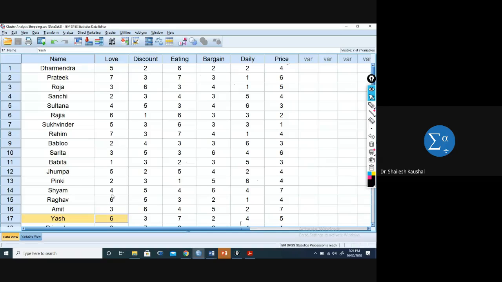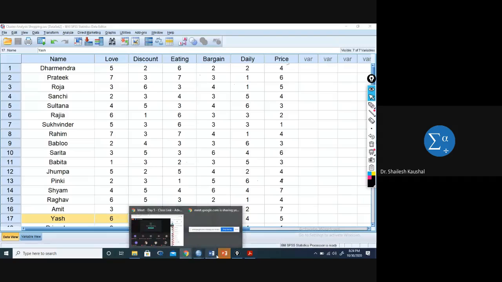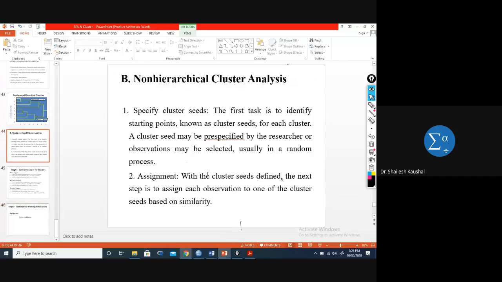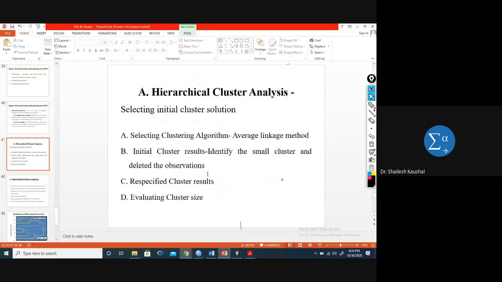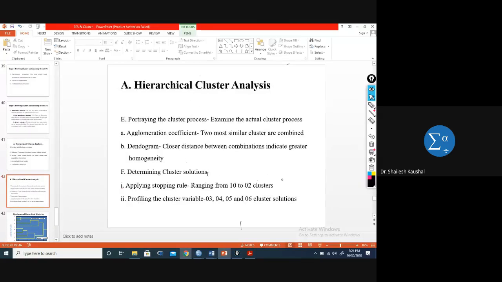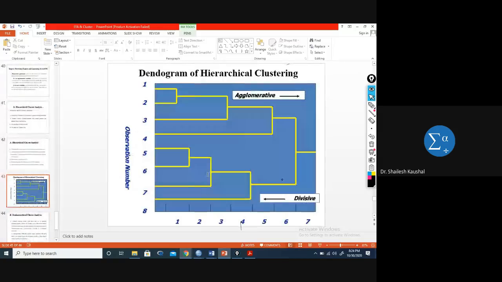So we club all the 3 or 4 because these buyers are the same type of buyers. Now this is hierarchical cluster analysis. Here we are clubbing number 1 and number 2, and then if respondent number 3 is similar to this, we will club him also.